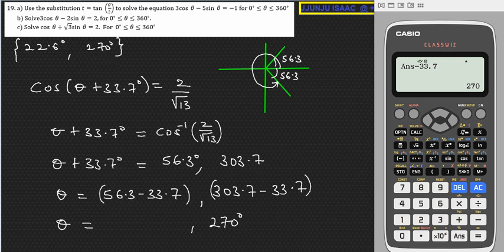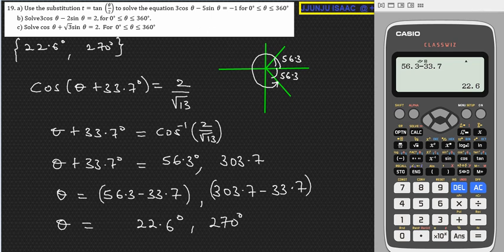And now 56.3 take away 33.7, we got 22.6, just like before. So this gives us 22.6 degrees. So you can use the other formula, you can use the T formula.